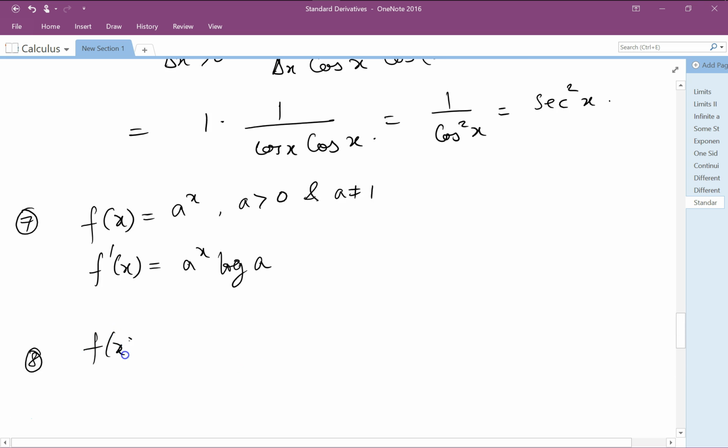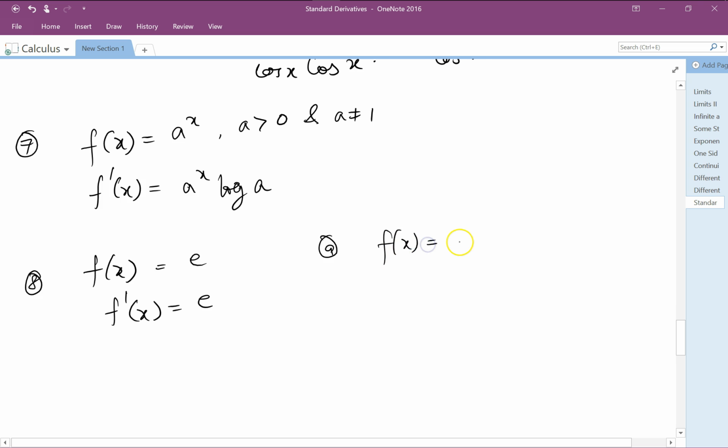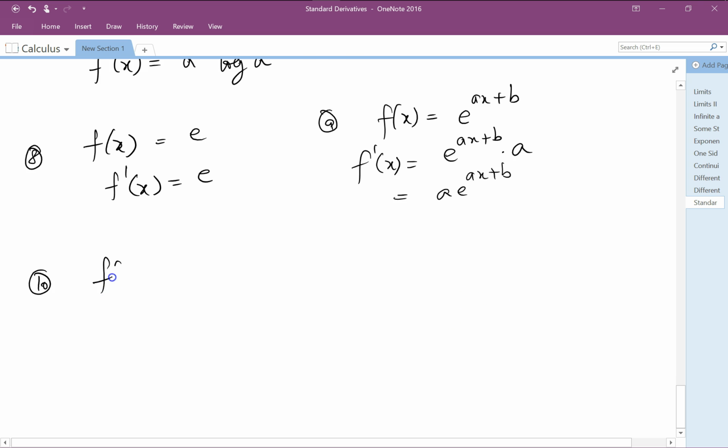Similarly, f of x equal to e to the power of x, f prime of x is also equal to e to the power of x. For f of x equal to e to the power of ax plus b, f prime of x is equal to e to the power of ax plus b times a. Now let's say f of x equal to log of x.